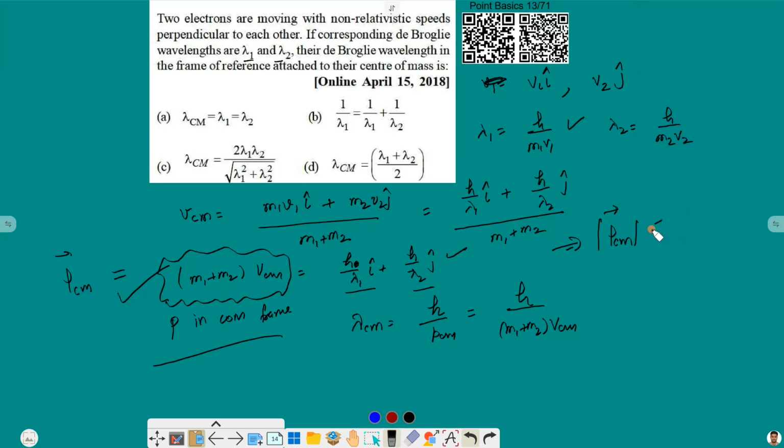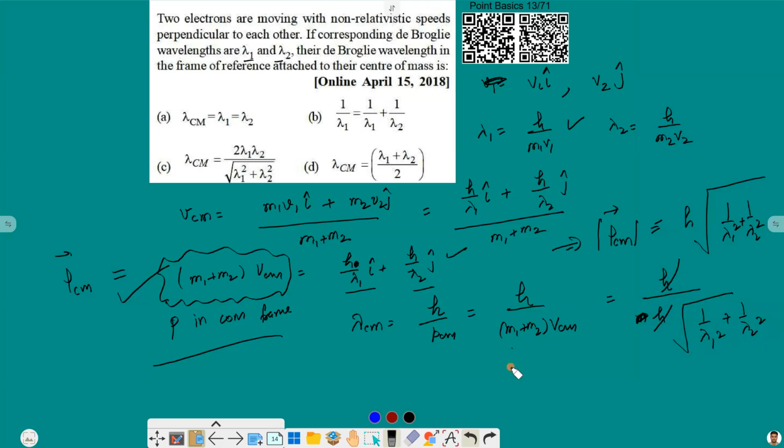Its magnitude will be h outside, and inside we will get 1 by lambda 1 square plus 1 by lambda 2 square under the root. So this will become h divided by pcm.